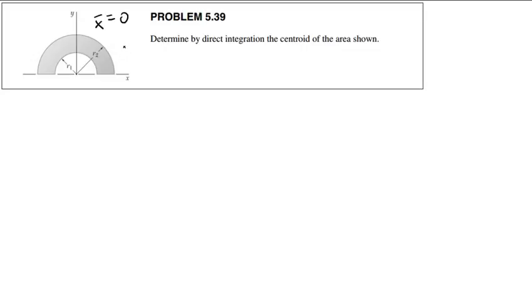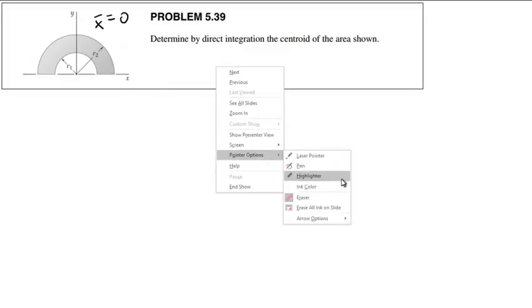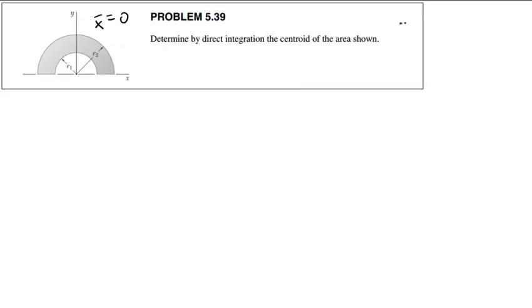Well, let's see. I know the equation for a circle in general; the equation for this one is going to be x squared plus y squared equals r2 squared for the outer one, and for the inner one, it's going to be x squared plus y squared equals r1 squared. And then we need to get, well, area is easy enough.